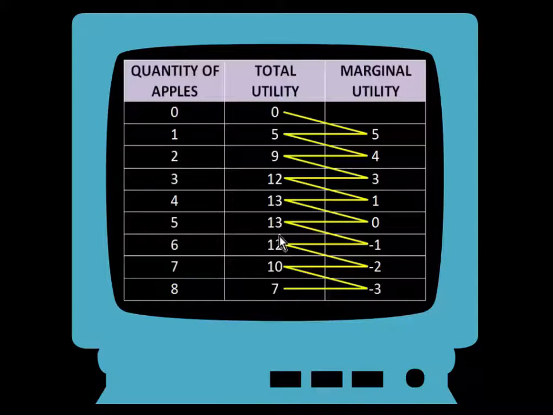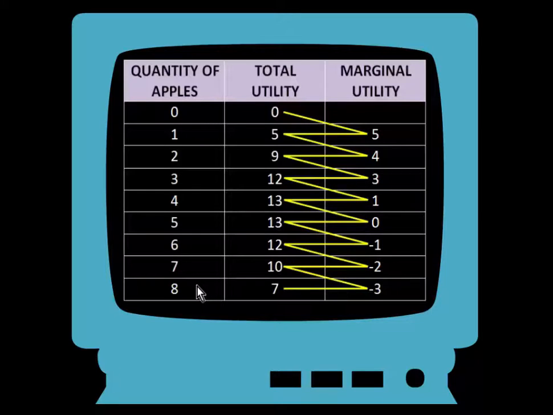Then we can see that at some point, with the sixth apple, total utility went from 13 utils down to 12 utils. There's something about the sixth apple that's making this person worse off. Marginal utility is -1. The total utility is going down. The person shouldn't have eaten the sixth apple because the total utility didn't go up, it went down.